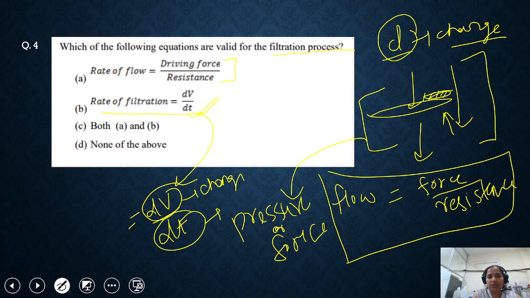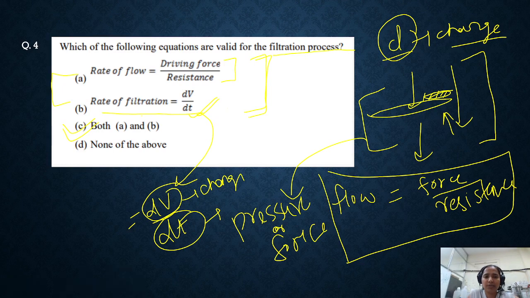That is also true. So for this question, answer C, both A and B. Both these equations can be used to represent the filtration process. Either you can represent the rate of flow in the form of driving force by resistance, or you can represent it in the change of dV by dt, that is rate of change of volume.